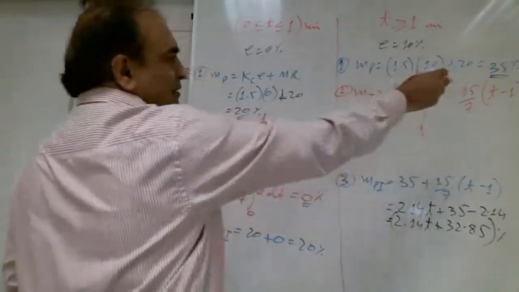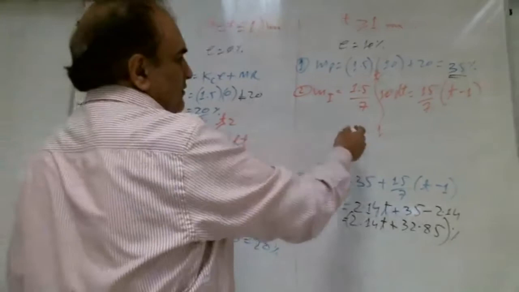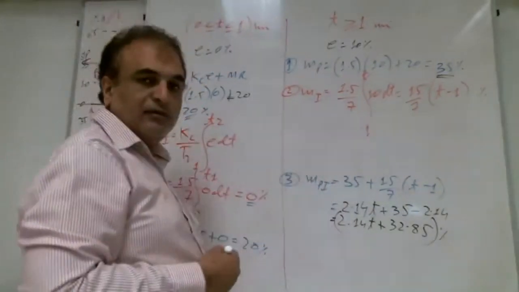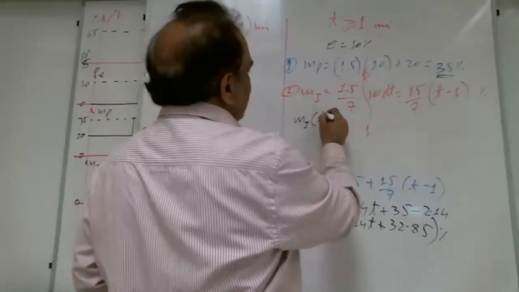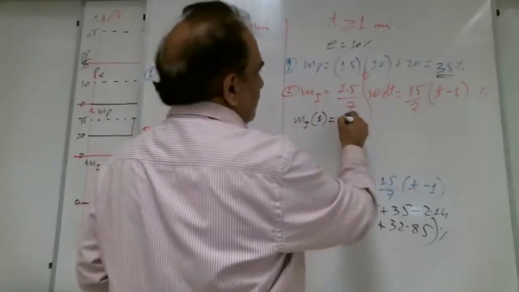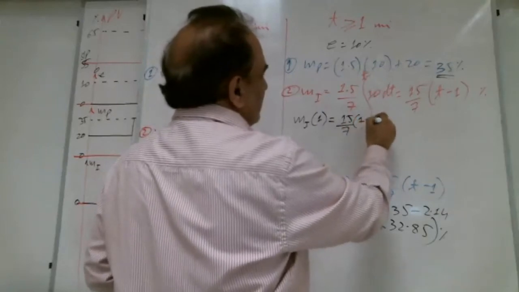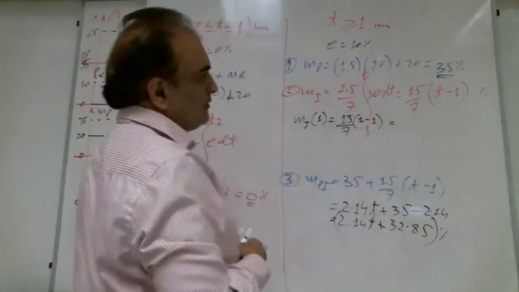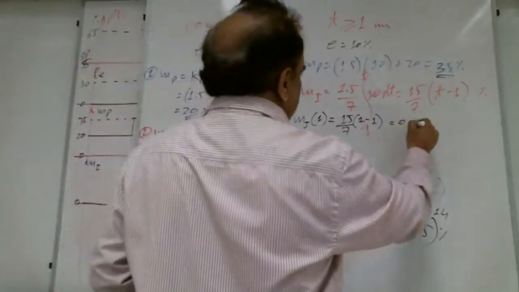More than 1, what is MI? MI at 1, how much? 15 by 7, 1 minus 1, how much? 0. That's good.